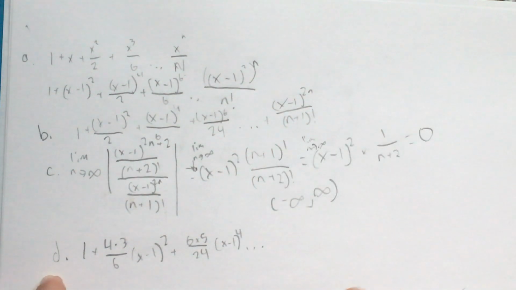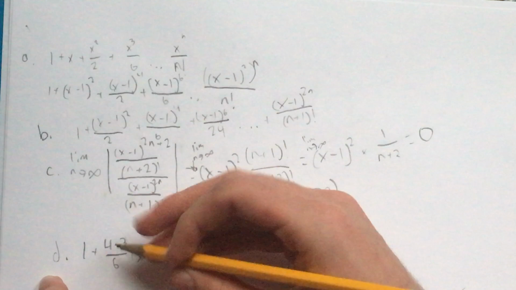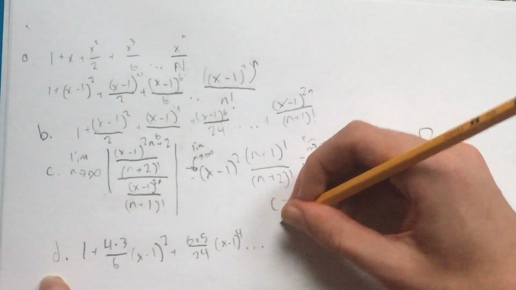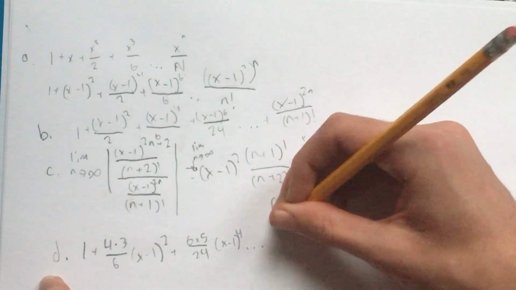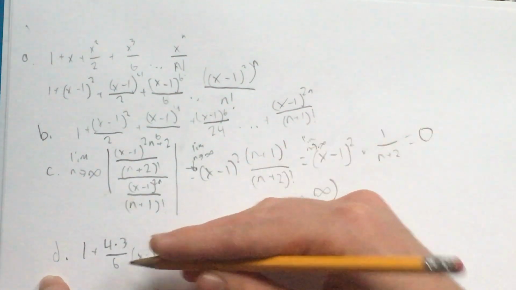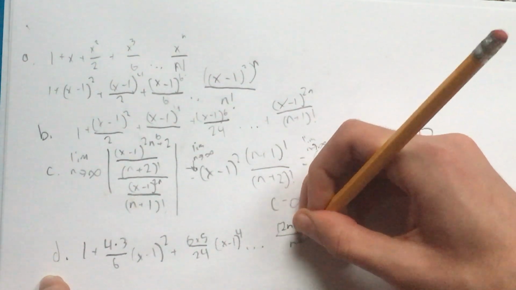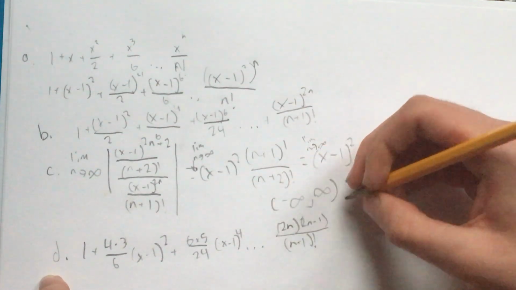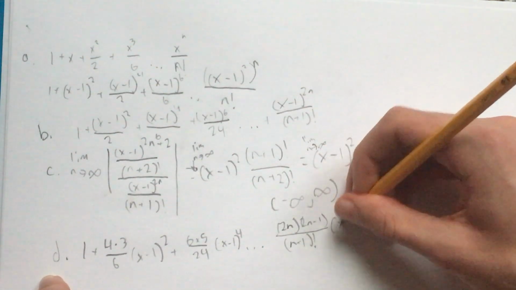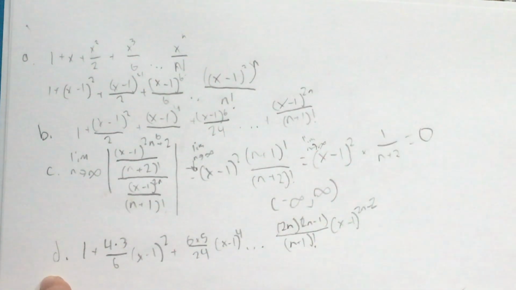If we look at that, we can discern that the general term is going to be, that's term 2, so that means it's going to be 2n times 2n minus 1, all of that over n plus 1 factorial, and then all of that times x minus 1 to the 2n minus 2.